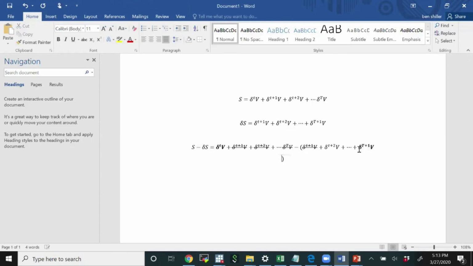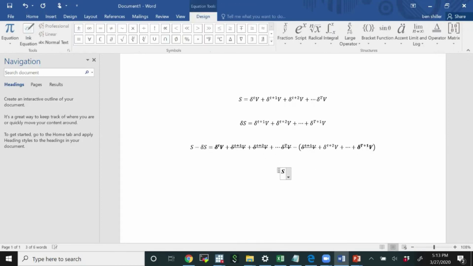So if we simplify this, we can say that S minus delta S is equal to delta raised to the t times V, since the first payment is received t years in the future, minus the last term in delta S, which is delta raised to the capital T, denoting the final period, plus 1 times V. Let's simplify both the left and the right-hand side a little bit further.